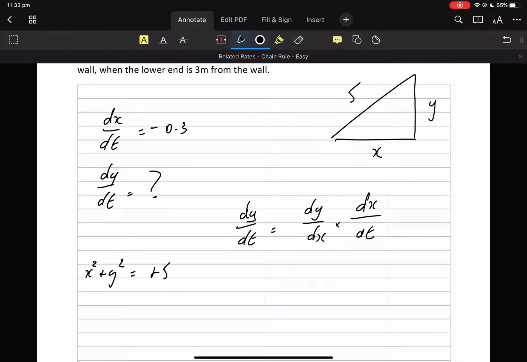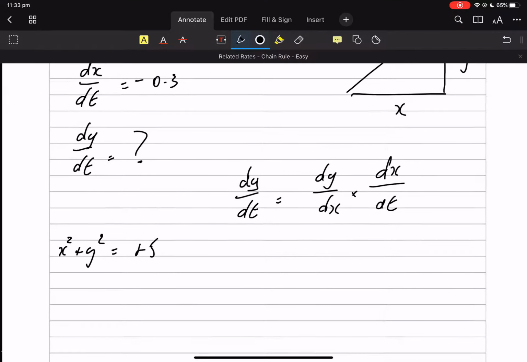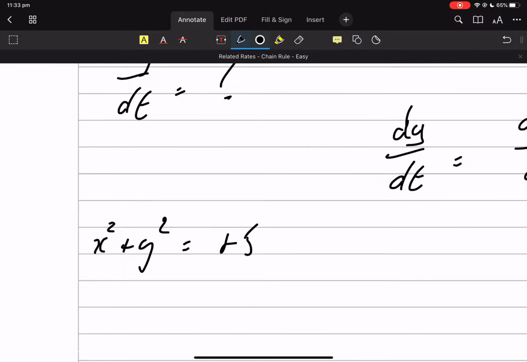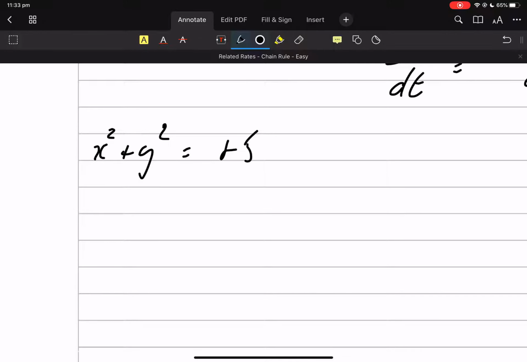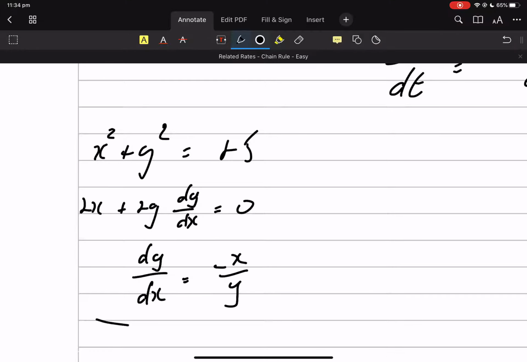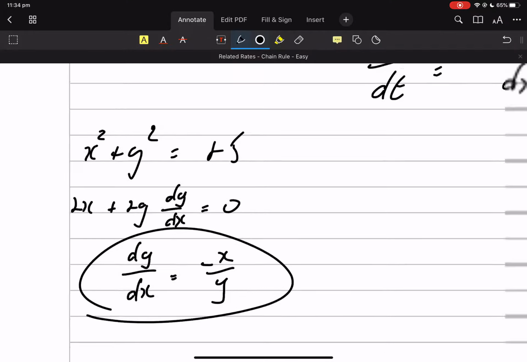So what's 5 squared? 25. So there's my relationship between x and y: x squared plus y squared equals 25. So 2x plus 2y dy/dx equals 0, so dy/dx is minus x on y. So we're good at that implicit differentiation now, aren't we?